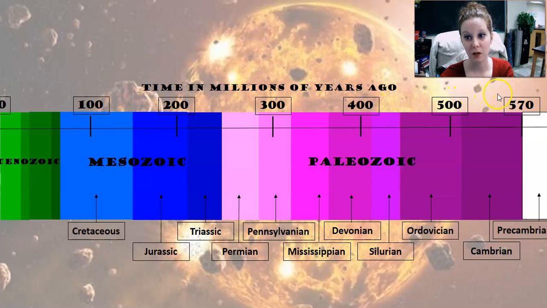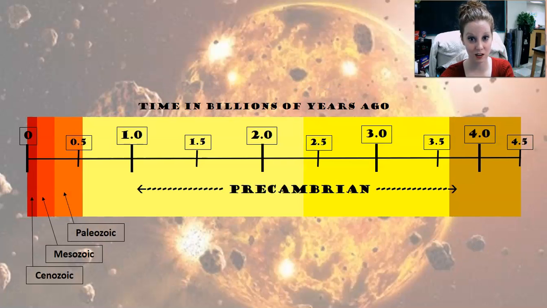This chunk here that says Precambrian is not an accurate representation of how much time the Precambrian took. Precambrian time is a huge chunk of time, which this next slide is going to show you. See how small the Cenozoic, Mesozoic, and Paleozoic eras just became?